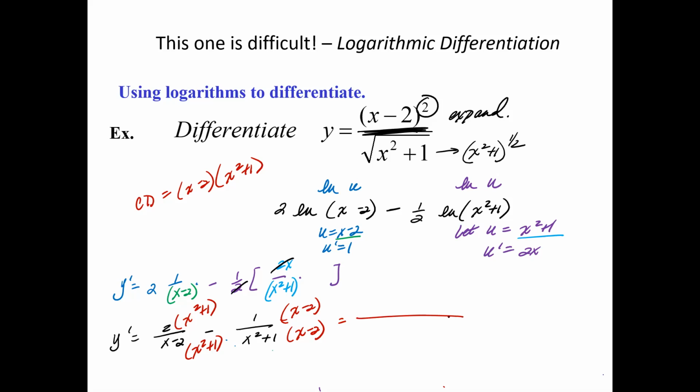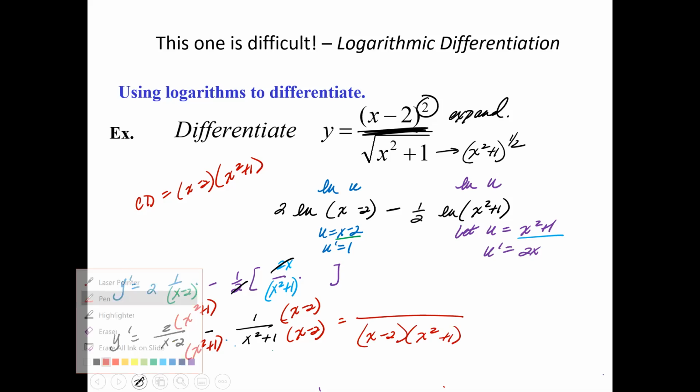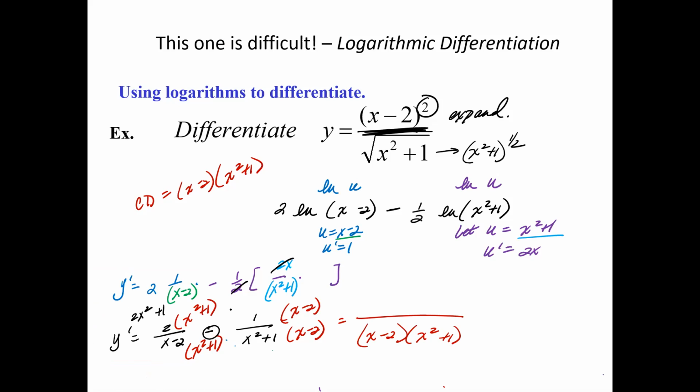So then I know that my denominator here is going to be x minus 2 times x squared plus 1. I'm just going to try to fix the numerator a little bit. Distribute the first fraction. You have a 2 times x squared plus 1. Numerator of the second fraction, don't forget your negative, is a negative x plus 2.